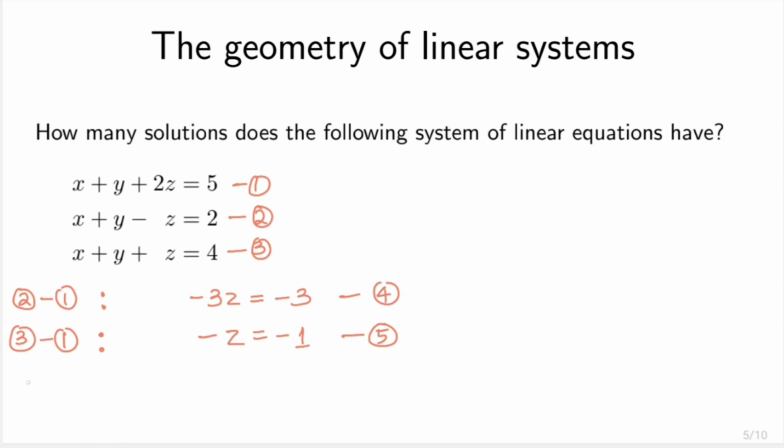So equation 5 times 3, well, that gives us minus 3z equals minus 3. Then we can subtract that from equation 4. So this equation 5 times 3, let me just write it, minus 3z equals minus 3.